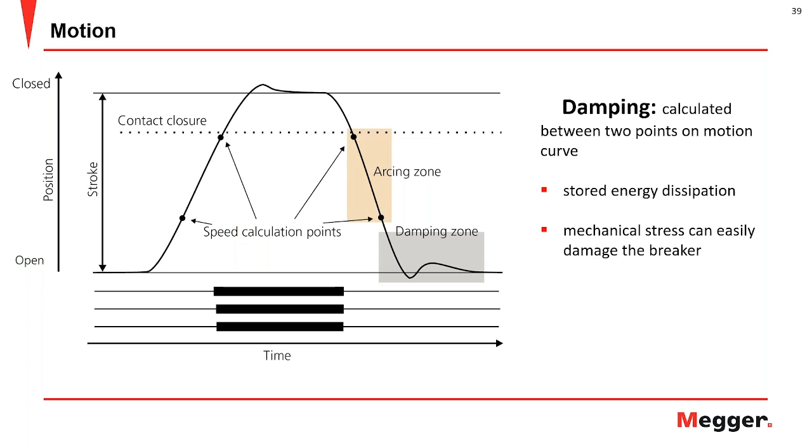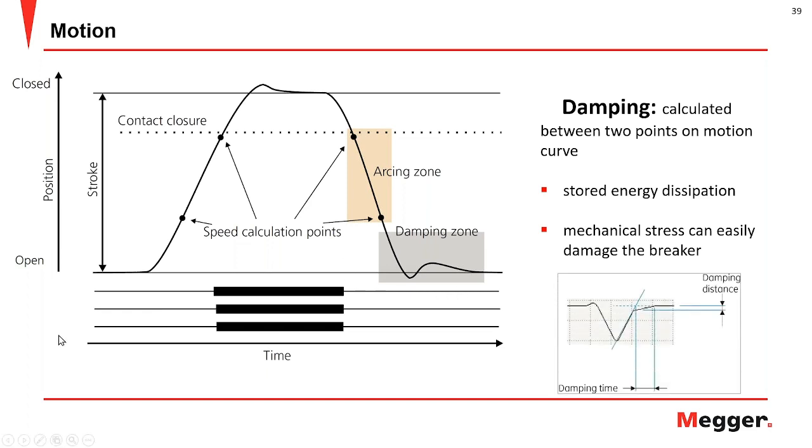Another parameter, damping, is important to monitor and test, as the stored energy in an operating mechanism which is used to open and close is considerable. And this results in a powerful mechanical stress which can easily damage the circuit breaker or reduce its useful life.